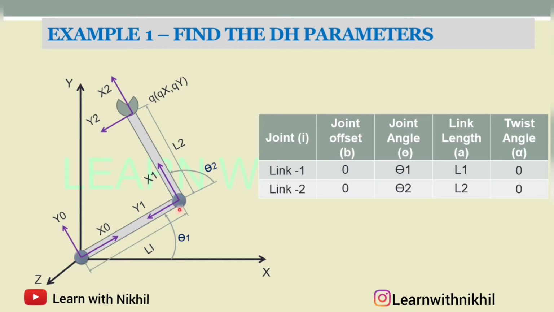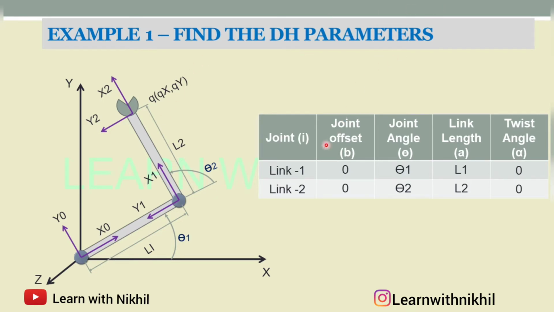The z-axes of these 3 joints, these 2 are the rotary joints and this is the end effector, are parallel for all 3. So for that purpose, the twist angle is 0. Link lengths L1 and L2 are nothing but this. This is the link L1, this is the link L2, and these are the theta angles. So these are the DH parameters.